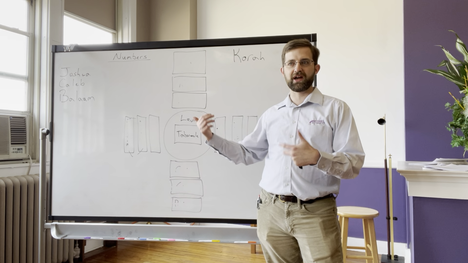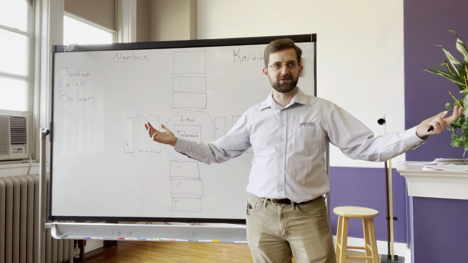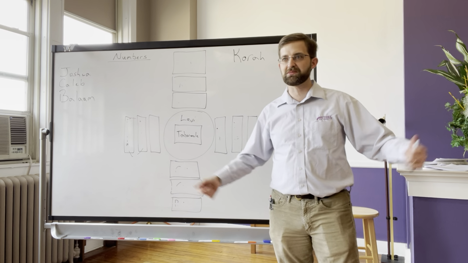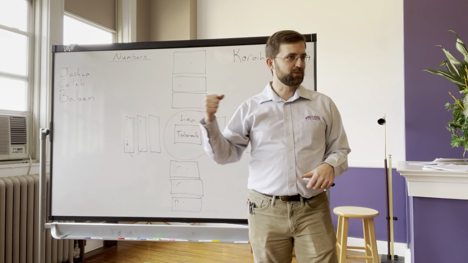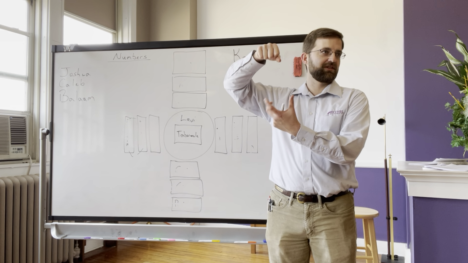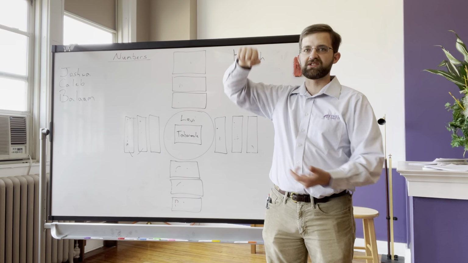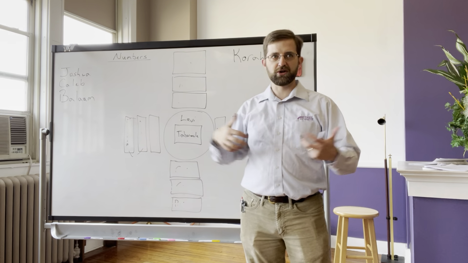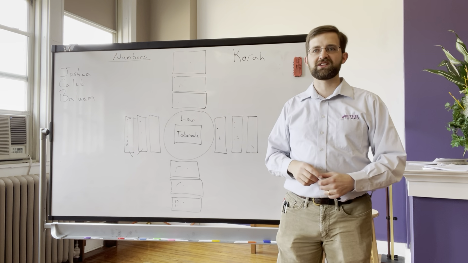He tells him to have Korah and all of those who are with him, all those who believe like he does, and all those who are following him, to come and bring their censers, bring bronze censers. And censers are the pots, basically, that they would burn incense in. To bring censers and appear before the tabernacle, appear before the Lord the next day.